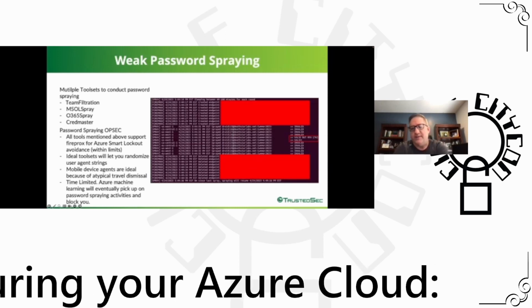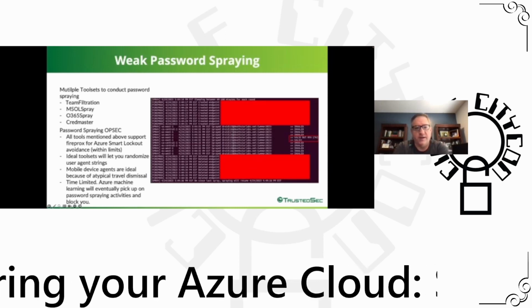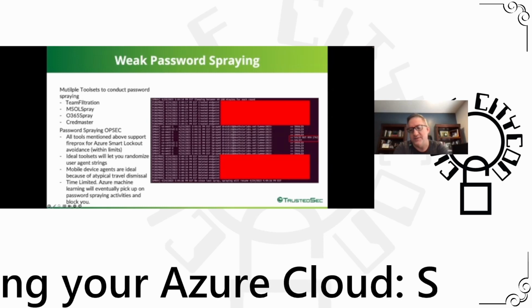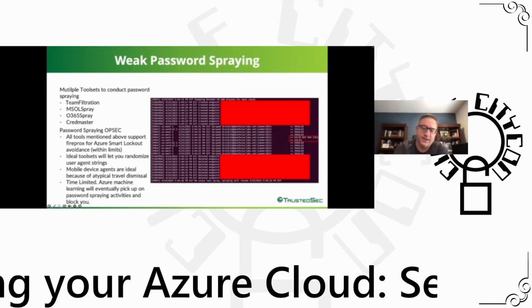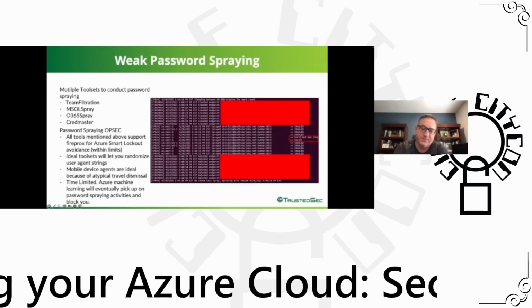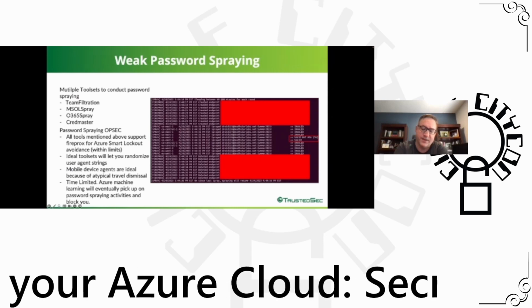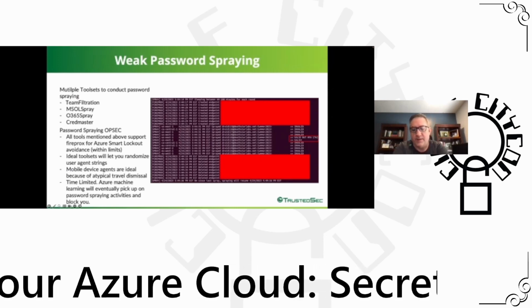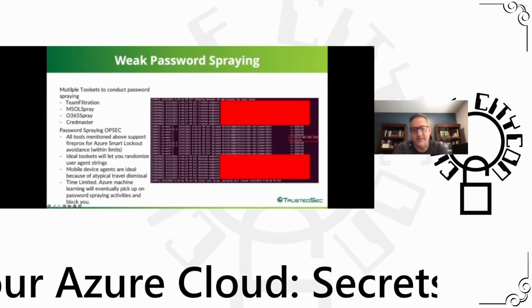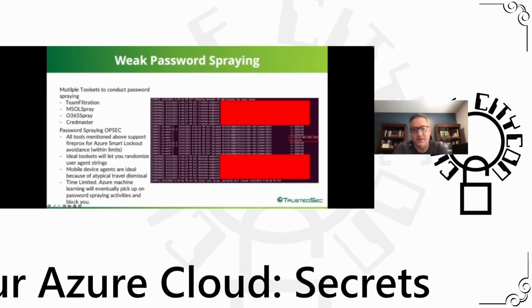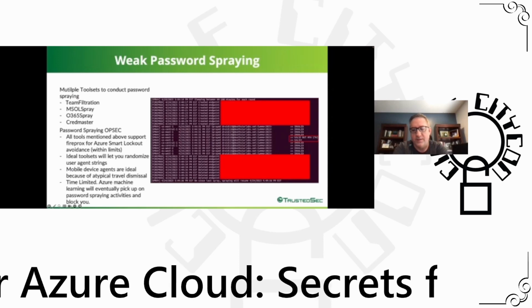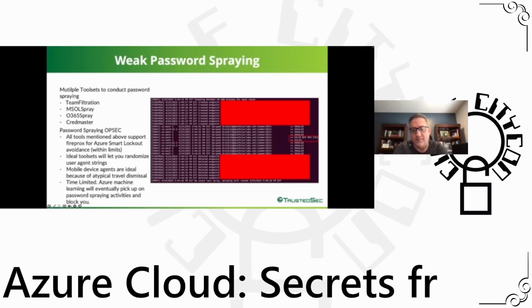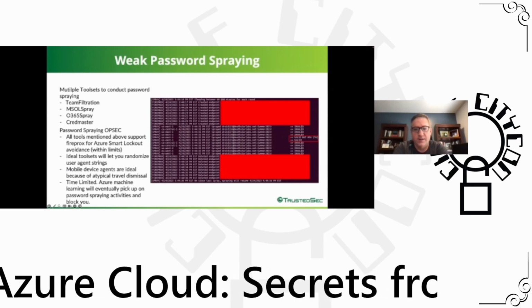So here we're going back to TeamFiltration. Hopefully you can see this slide okay on the screen grab. If not, like I said, I will have the slide decks posted within the next day or two in my GitHub repository. But there are a couple different valid responses that you get back from TeamFiltration whenever you land upon an account with a weak password.